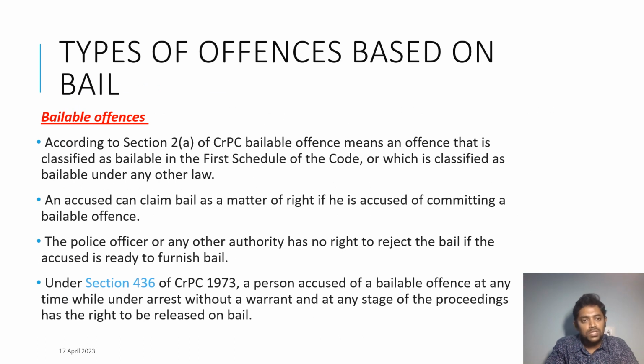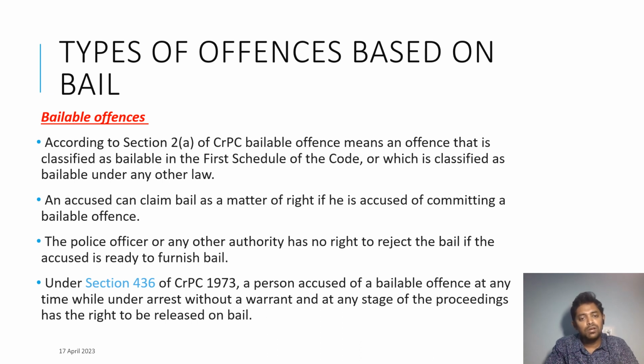Types of offences based on bail: bailable offences and non-bailable offences. Bailable offences: according to Section 2(a) of CrPC, a bailable offence means an offence that is classified as bailable in the First Schedule of the Code or which is classified as bailable under any other law. An accused can claim bail as a matter of right if he is accused of committing a bailable offence.